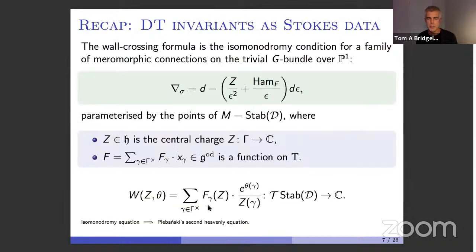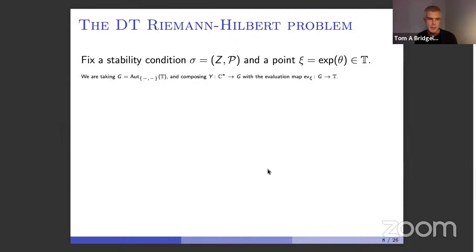Okay, so we've got to do the analogous thing in this infinite dimensional setting now. It means we need to look at maps into this group of symplectomorphisms of the torus, and I'm a bit scared of that group. So what I do instead is I fix a point on my torus and evaluate all automorphisms at that point.